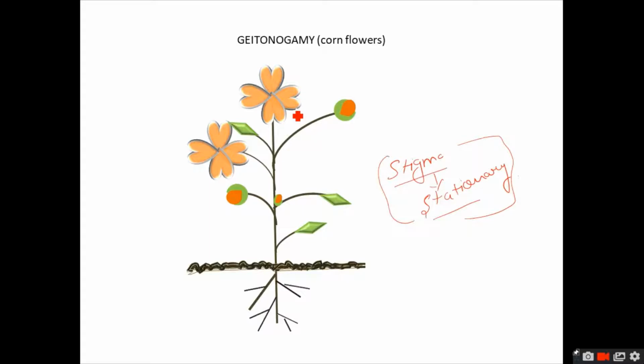What moves is the anther that carries the pollen grain. Pollen grains of one flower of the same plant will be carried towards the stigma of a different flower of the same plant. So this is geitonogamy, and the example of geitonogamy is cornflowers. This type of pollination is commonly seen in cornflowers.